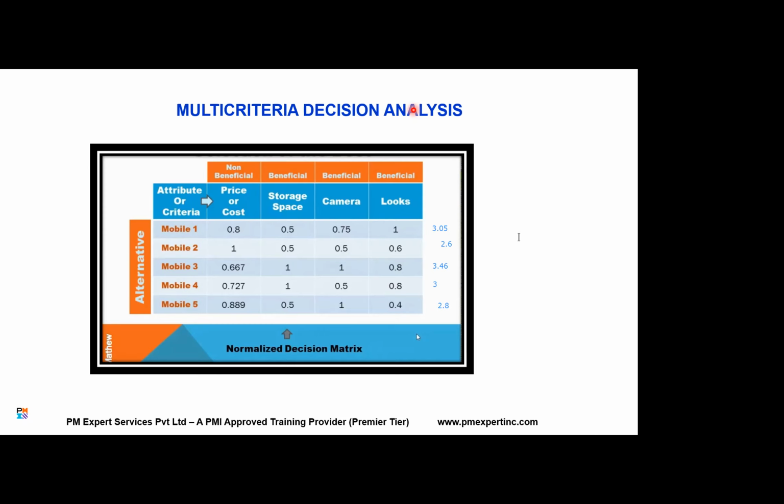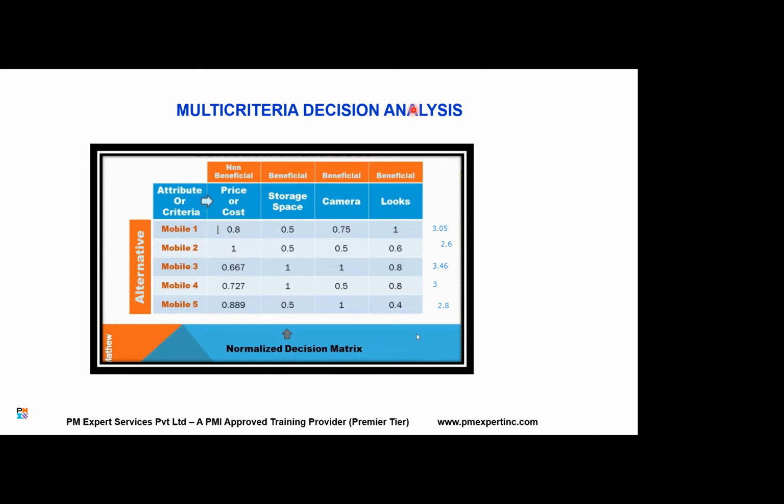Yes, definitely. It's not necessary that I need equal weights for all. For example, in a price sensitive market, can I give a weight of 2 or 3 to price? If I have given a weight of 2 to price, then wherever price is coming, I have to multiply it by 2.